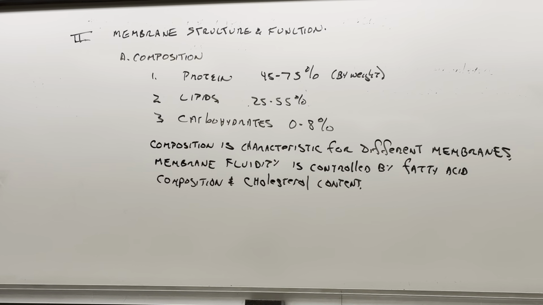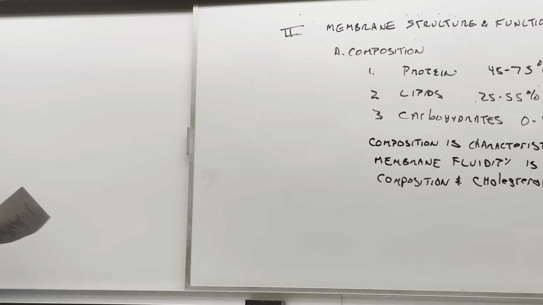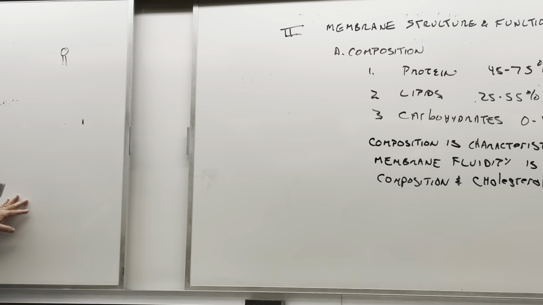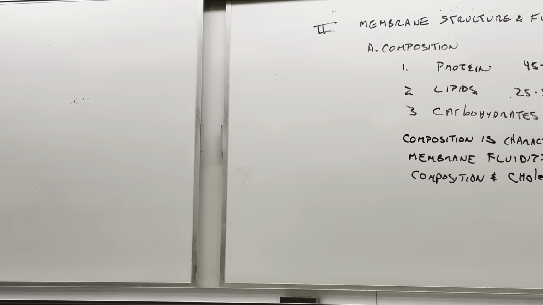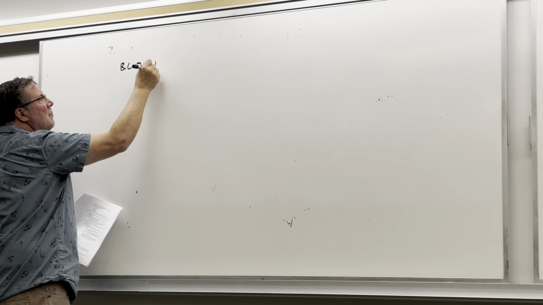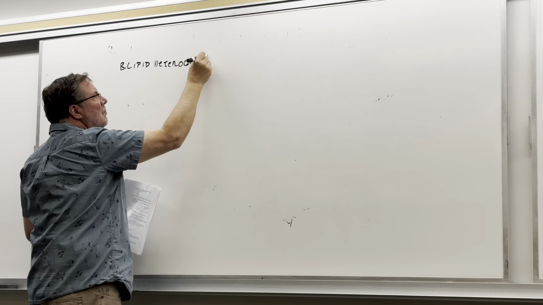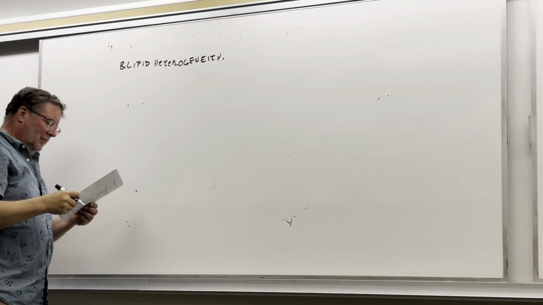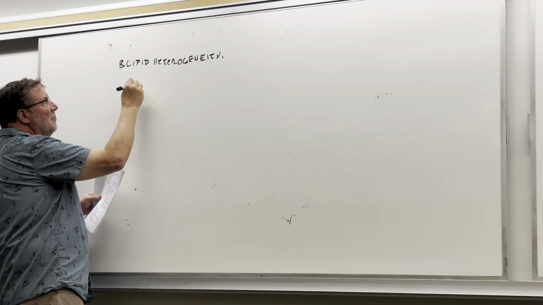So, okay, now I want to get into, this is sort of some aspects of the overall composition. Now I want to talk about some specific ways lipids will vary in different cells. So this is lipid heterogeneity. First of all, we'll talk about asymmetry across a membrane.